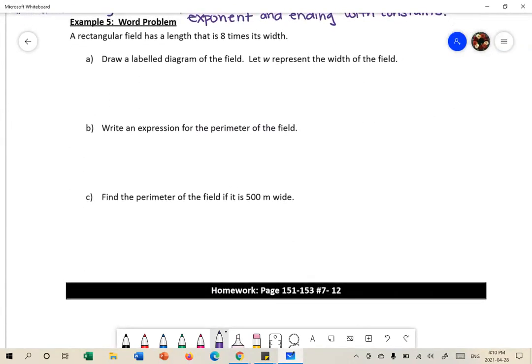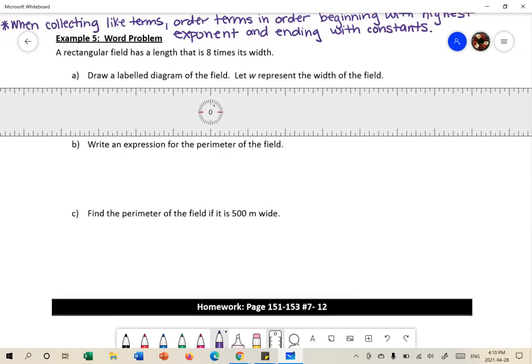Example 5. A rectangular field has a length that is 8 times its width. Draw a labeled diagram of the field. Let W represent the width of the field. I'm going to start off by drawing my field.